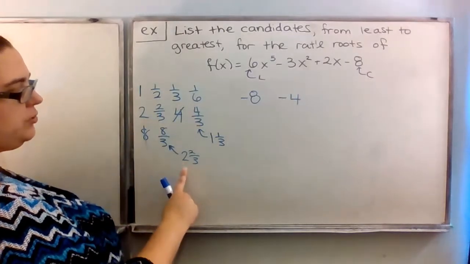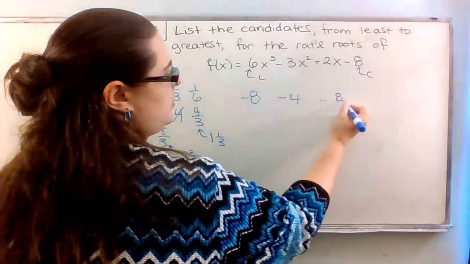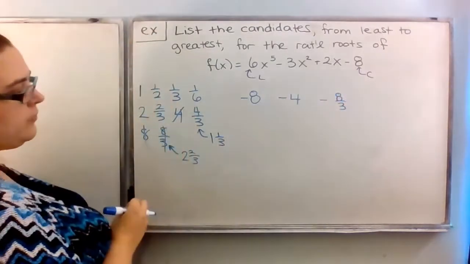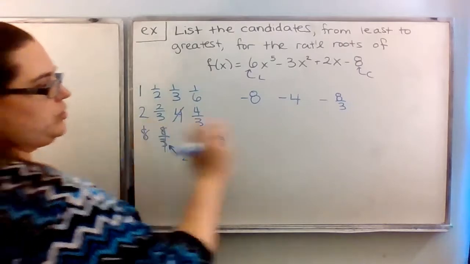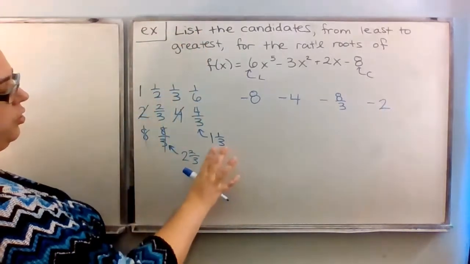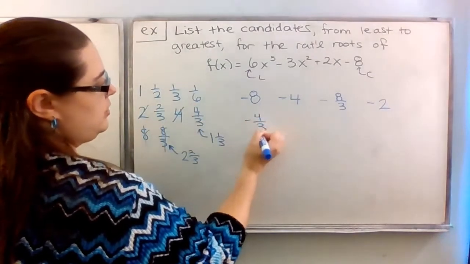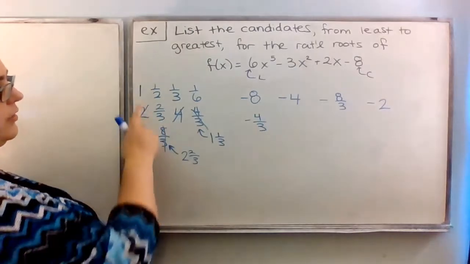Then we have 2 2/3, so 8/3, so I'm going to have -8/3. Then we have 2, so we're going to have -2. 1 1/3, so we have -4/3 will be next. Then we have 1.